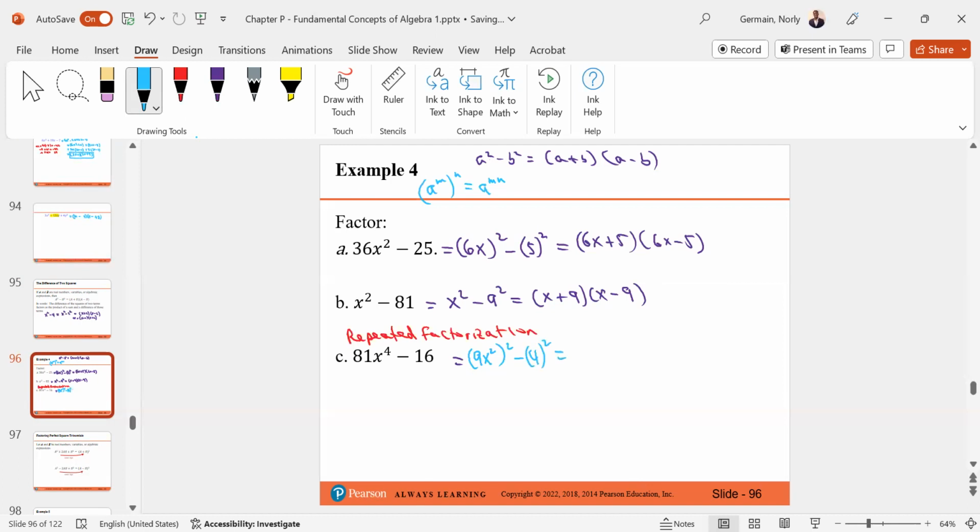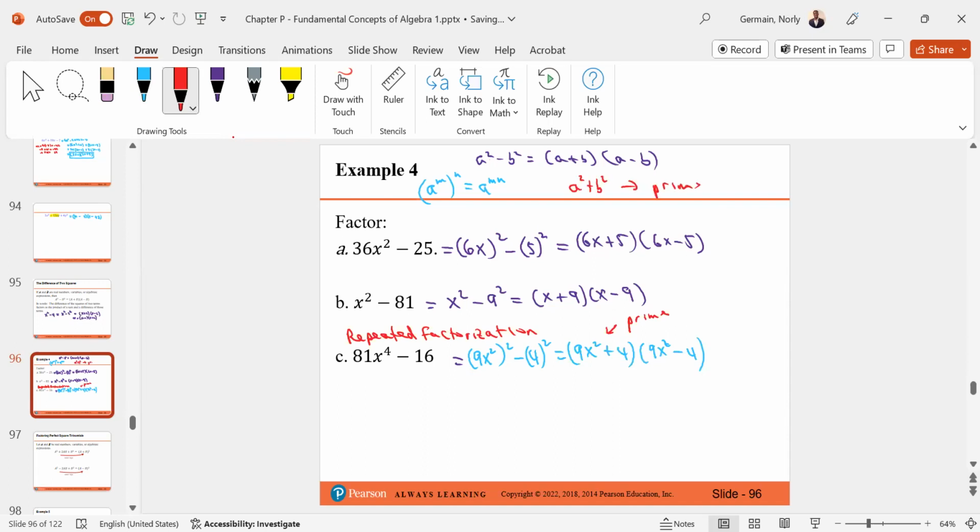Okay, using our first factoring technique, the difference of two squares, we're gonna have 9x squared plus 4 times 9x squared minus 4. Now, looking at these two terms, we see something strange. 9x squared plus 4, this term is really prime. You cannot factor it, because we said a squared plus b squared is prime, right?